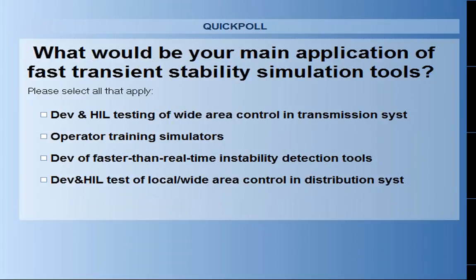You can then place ePHASORSIM in the context of a larger RT-Lab simulation model. You can place a Simulink block in the middle of your RT-Lab simulation, as it is customary for RT-Lab users.